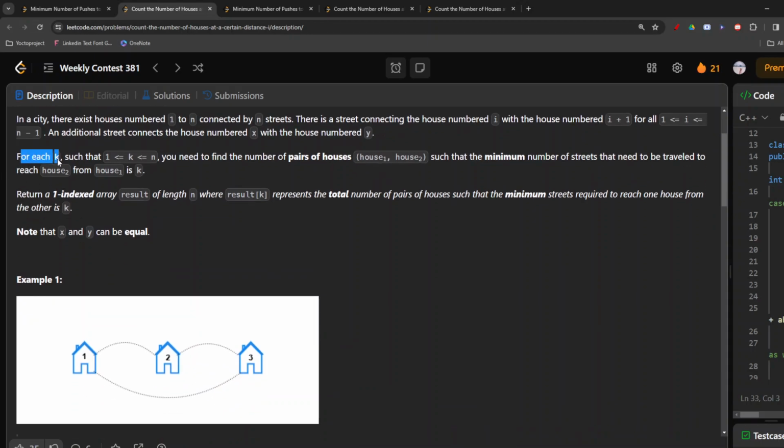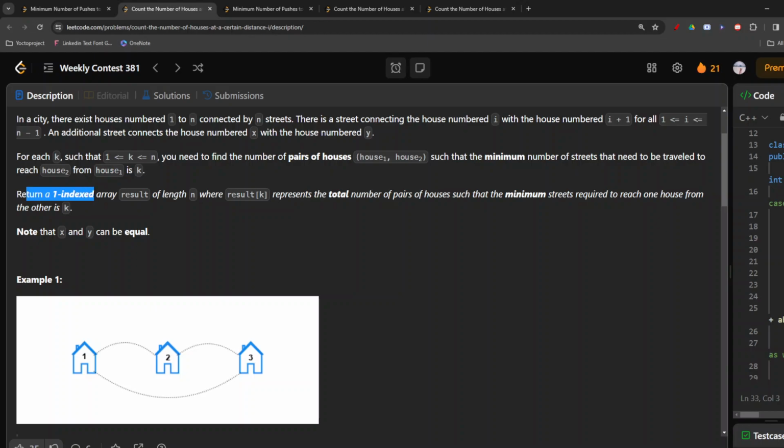So for each k, which here refers to distance, such that k is greater than or equal to 1 and less than or equal to n, you need to find the number of pairs of houses, house 1 and house 2, such that the minimum number of streets that need to be traveled to reach house 2 from house 1 is k.